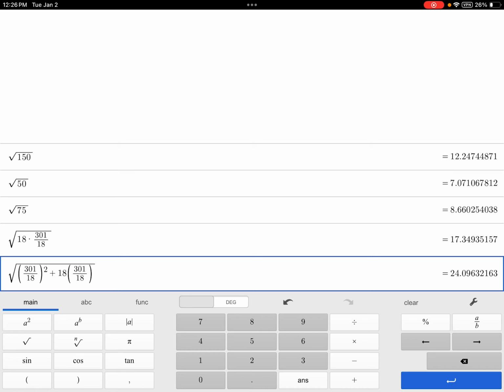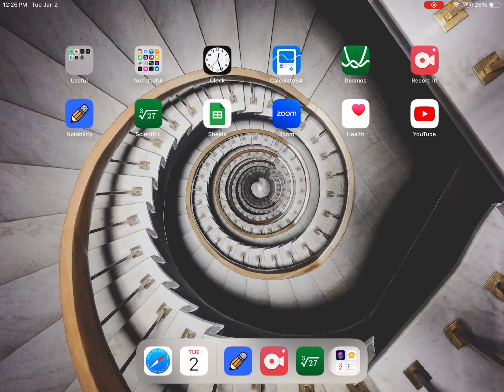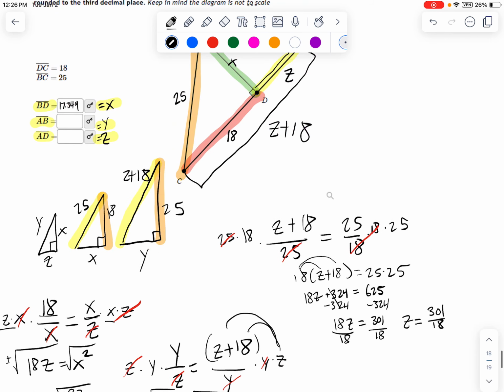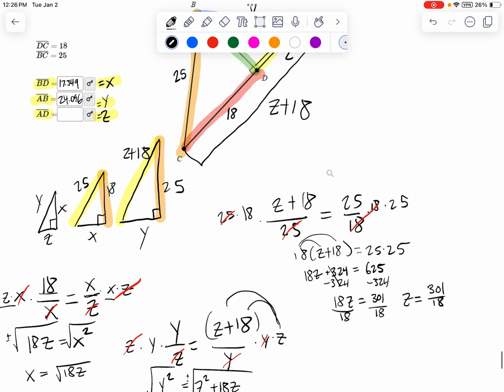And there's your value for y, 24.096. And then you can now find out whatever the decimal for z is, which is going to be 16.722. Okay, and then you're done, you're finished.